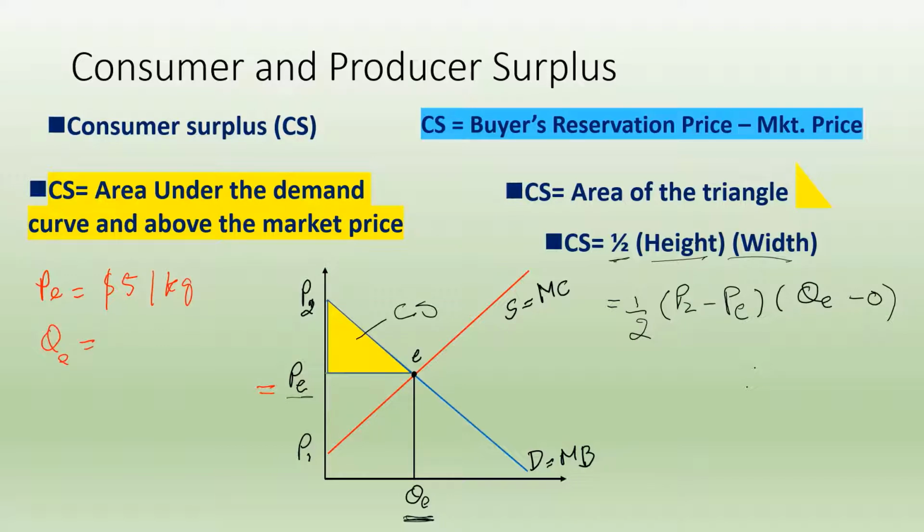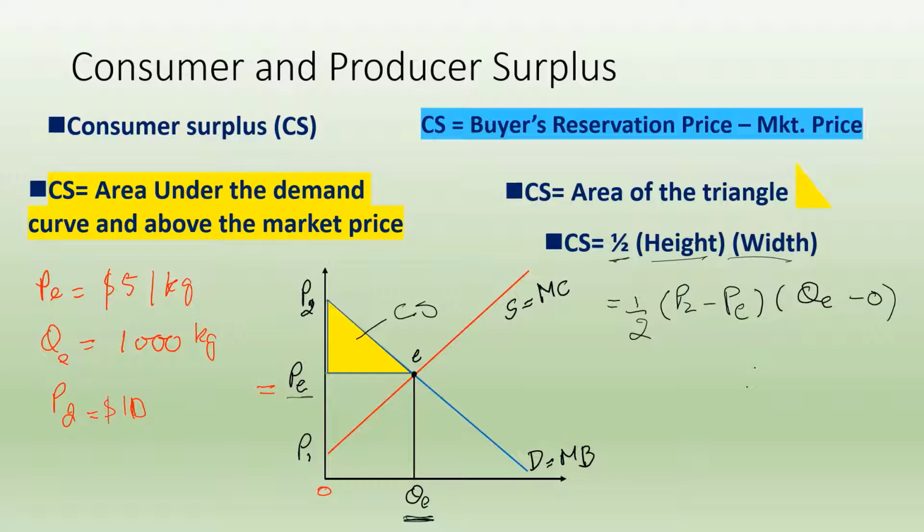Just for simplicity, let us suppose that it is 1000 kilograms of rice per day that are sold and purchased in the market of rice. What about P2? P2 is the buyer's reservation price where he's not demanding any quantity of rice. Let us say that it is $10.